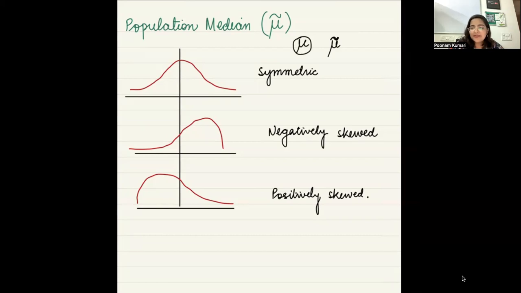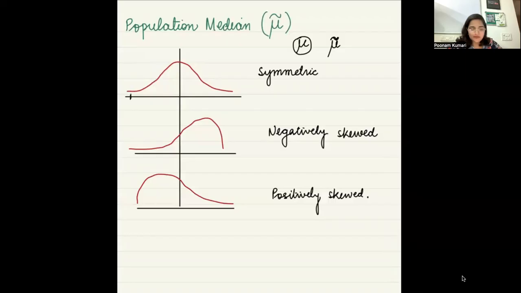So tell me, what do you think? So whenever my data is symmetric, what happens? So let's say if this would have been this.